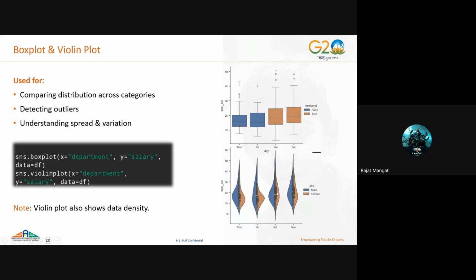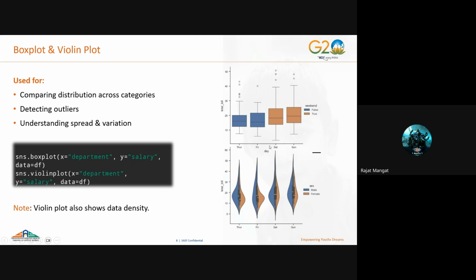Similarly, you can see this wideness is greater in blue and orange is less wide. What it means is that the larger the area covered by a particular colored curve, the more it represents how the data is distributed, meaning how it is spread across the data set, and how much data is concentrated in this particular area. Box plot and violin plot are the same thing only.